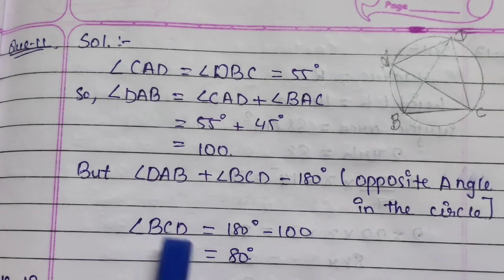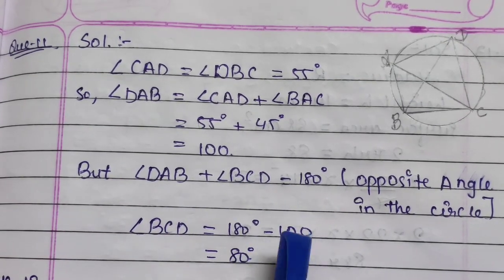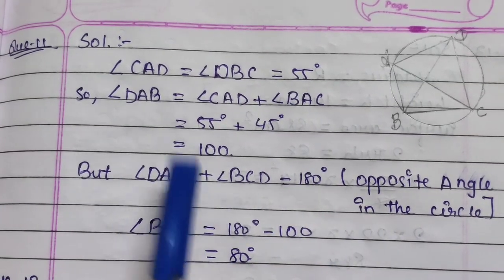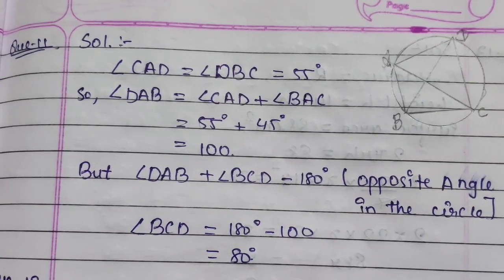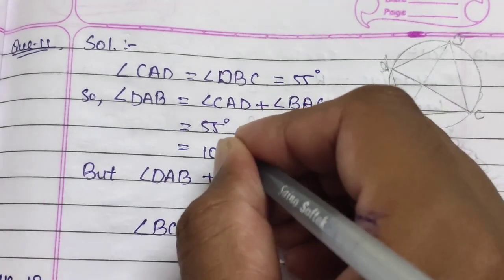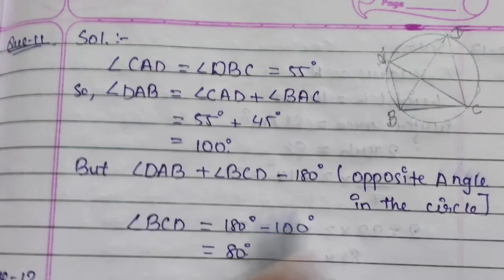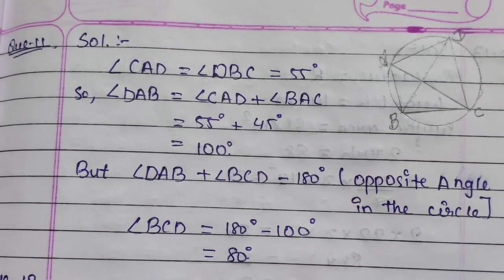So angle BCD is equal to 180 minus 100. DAB we have already proved is 100 degrees. So 100 degrees minus from 180 degrees, our answer will be angle BCD is equal to 80 degrees.